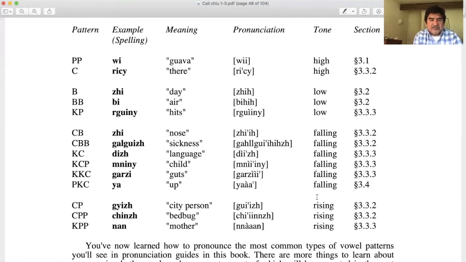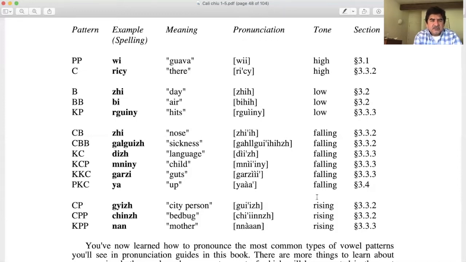Hits, argin, nose, ji. Sickness, galgish. Language or word, dish. Child, ni'in. Next, verzi.